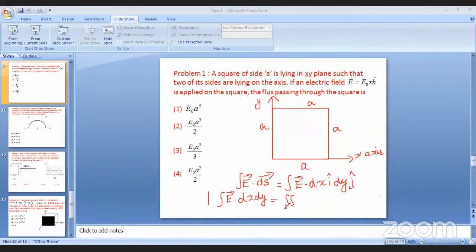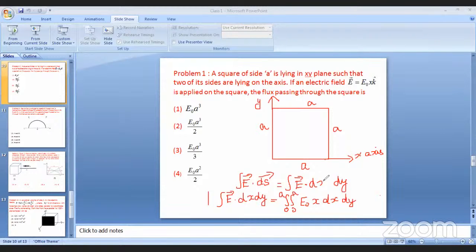Okay, so this is actually a double integral. The integration limit is 0 to a because the side of the square is a. So the electric field is E naught into x. This is dx, this is dy. You don't have to write the i cap and j cap here; that is implied.